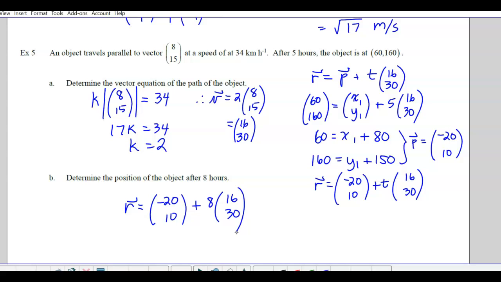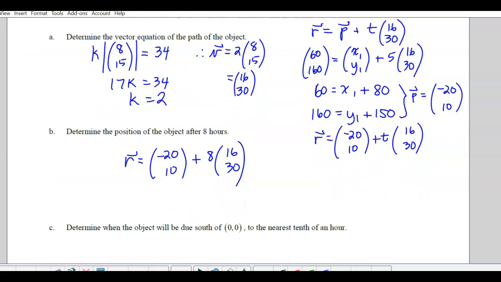But we were asked to determine the vector equation of the path of the object overall, sort of the general case. So t has to be greater than or equal to 0, so you need to show that. So what's that? 80, 128 minus 20 is 108. And 40.